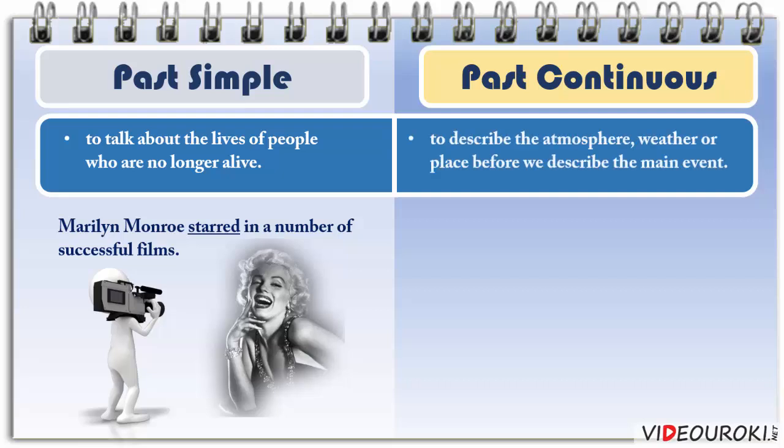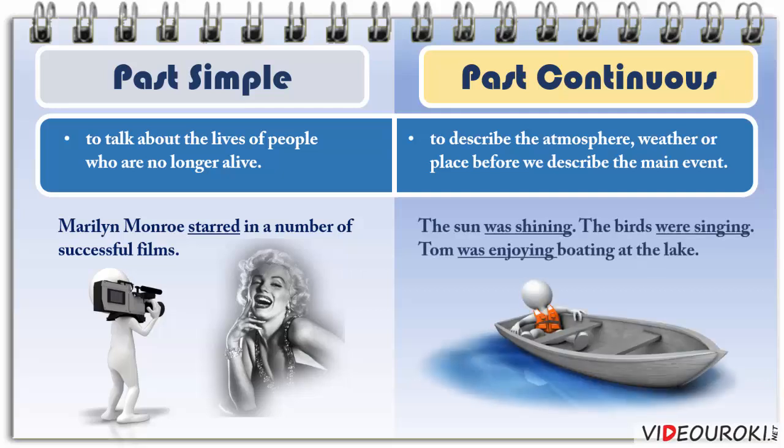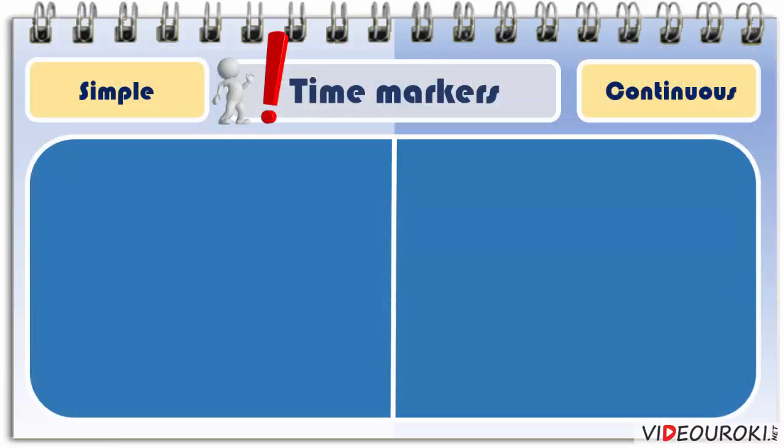We use the past continuous to describe the atmosphere, weather, or place before we describe the main event. For example, the sun was shining, the birds were singing, Tom was enjoying boating at the lake. Do not forget about the time expressions or time markers that help us to define the tense.